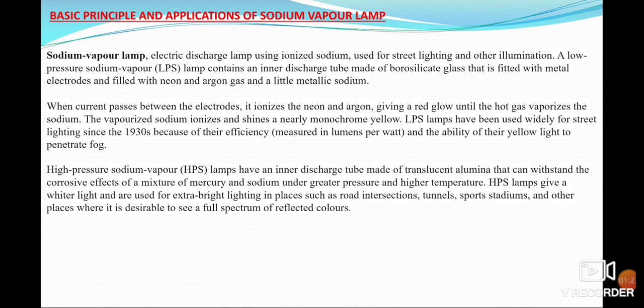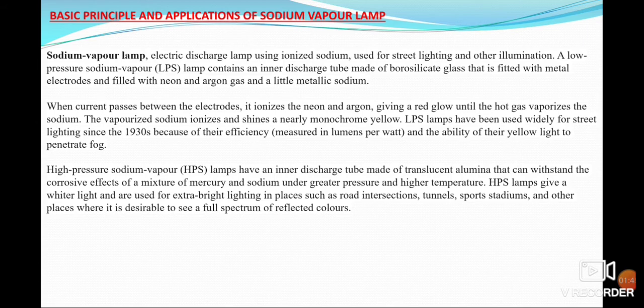So when current passes between the electrodes, it ionizes the neon and argon, giving a red glow until the hot gas vaporizes the sodium. The vaporized sodium ionizes and shines a nearly monochrome yellow.